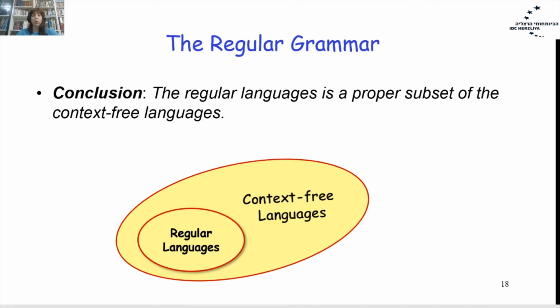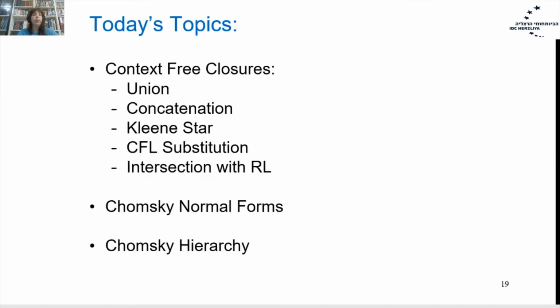Some conclusions about regular grammars. Regular languages are a proper subset of context-free languages. So if we look at the set of all context-free languages, regular languages will be a proper subset. Additional topics for today will be context-free closures.